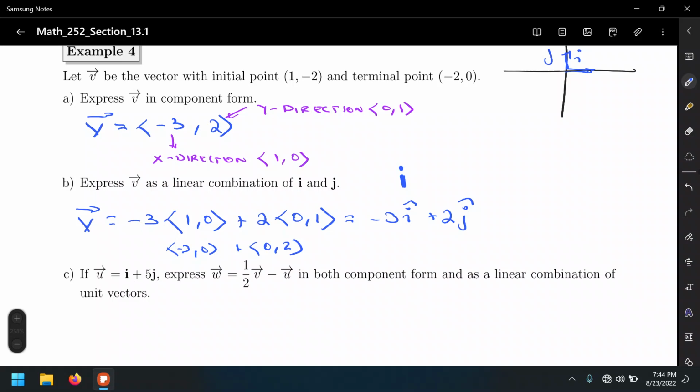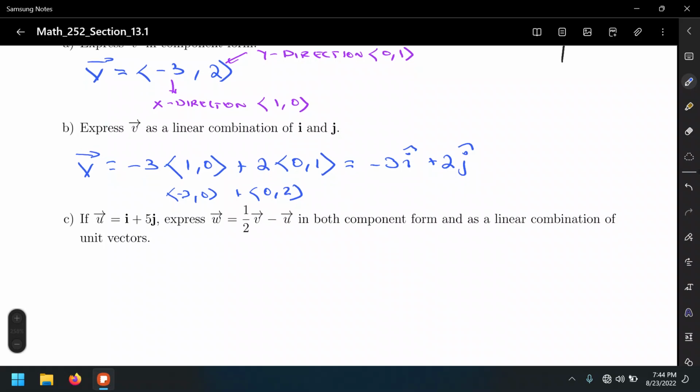So in practice, when we're writing vectors, we write the letter i with a hat, j with a hat. That's to denote vector. We're going to do that later with other types of vector functions and the like. All right. So that's the new notation for vectors. -3 units in the i direction, 2 units in the j direction. Another way to say x and y, if you will.